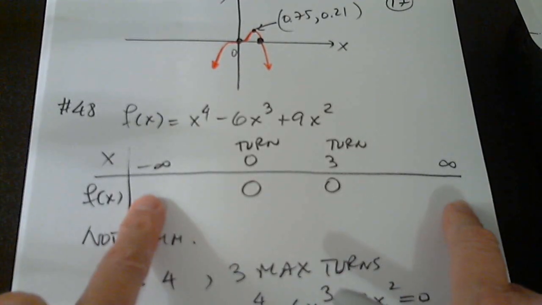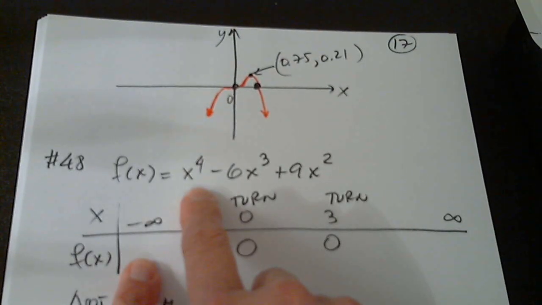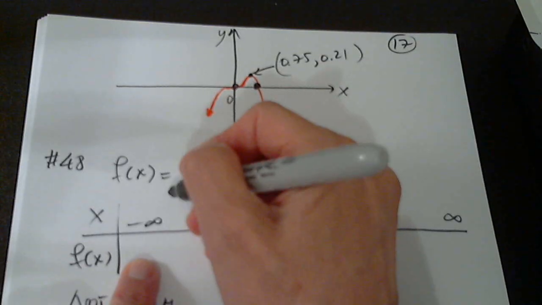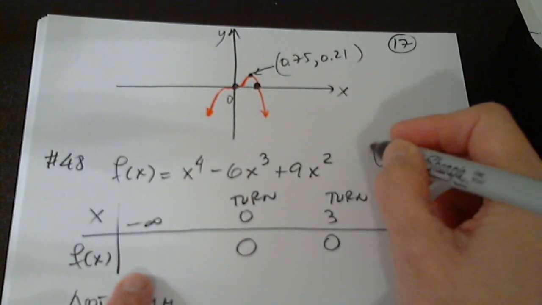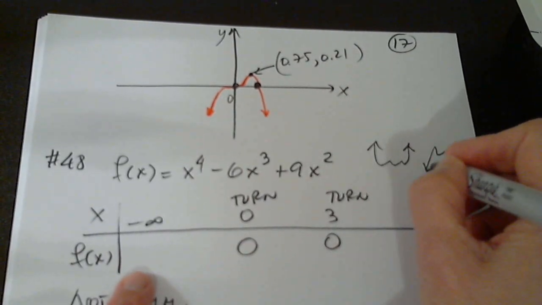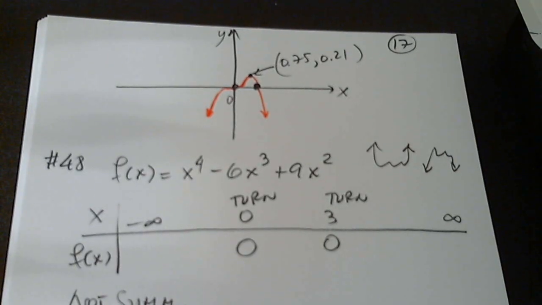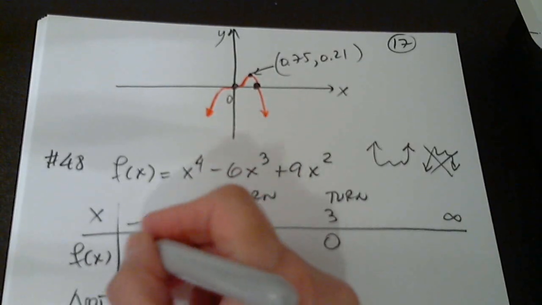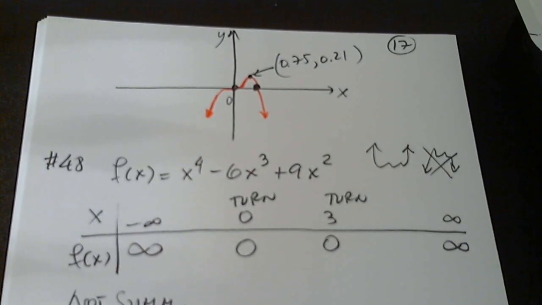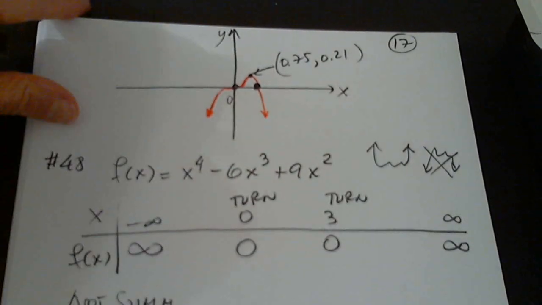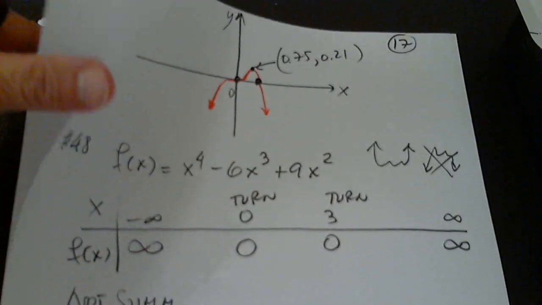Finally, I need the end behavior. It's degree 4. The leading coefficient is 1. Is it this or is it this? Leading coefficient positive. Number 1 or number 2? Number 1. Indeed. So that means infinity, infinity. Done. All done.